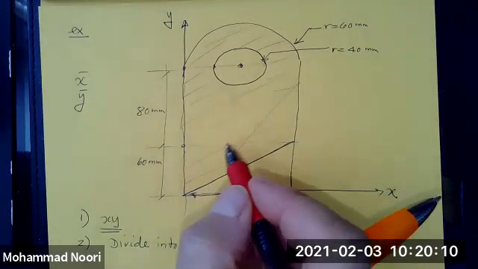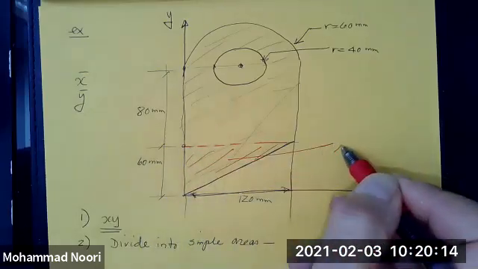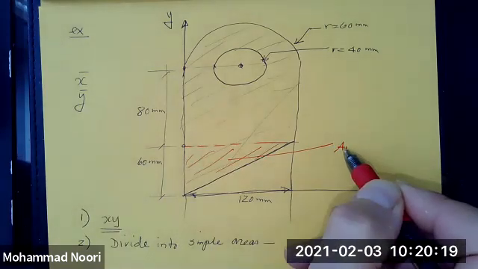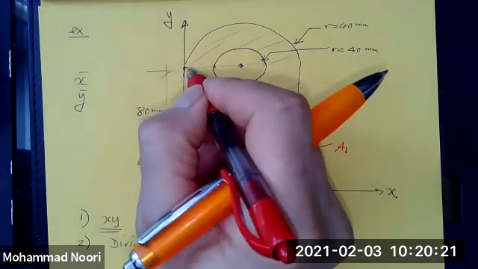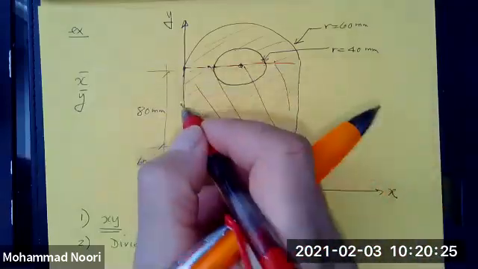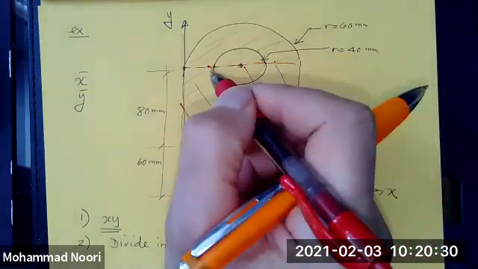Let's consider this as area 1, then I consider this rectangle as area 2. Now, what do I do with these circles?